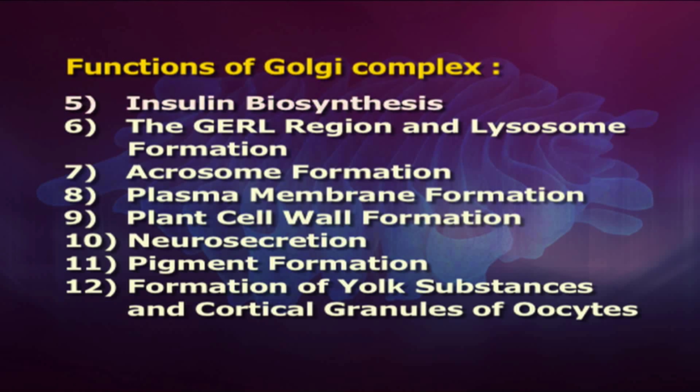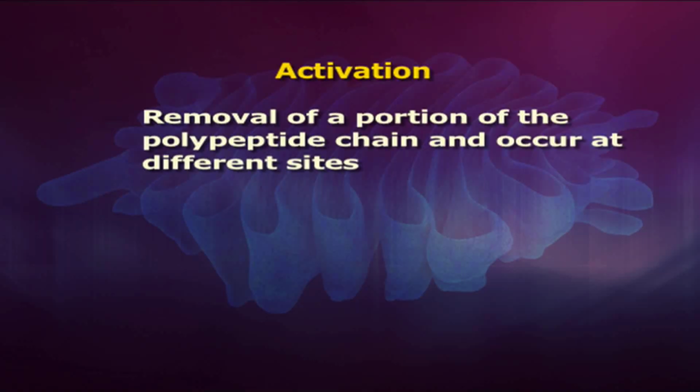Insulin biosynthesis. The role of the Golgi complex in insulin biosynthesis has provided an excellent example of the molecular processing of secretion. Many secreted proteins are first synthesized as biologically inactive precursors which are activated later. Activation consists of removal of a portion of the polypeptide chain and occurs at different sites.